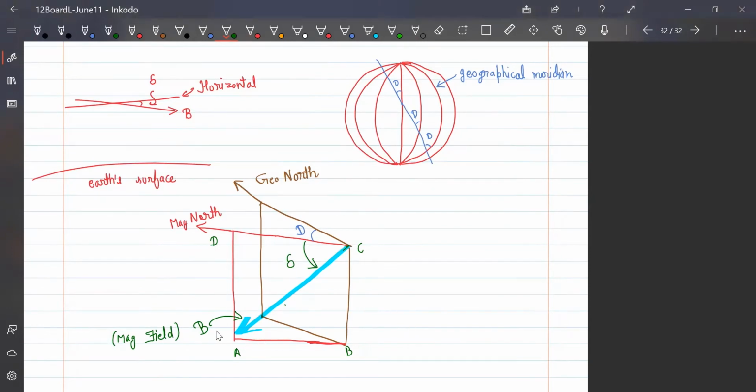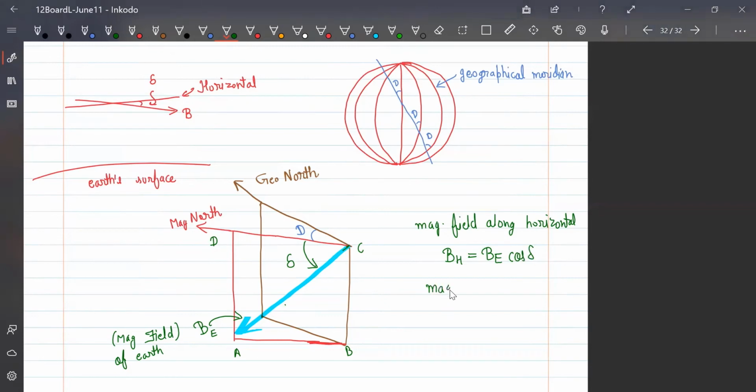Okay. Suppose the magnetic field value is B. The net magnetic field is B, or let me write it as BE, that is magnetic field of Earth. So we can take its two components. One along the horizontal, that is called BH, that will be BE, magnetic field of Earth, into cos delta.